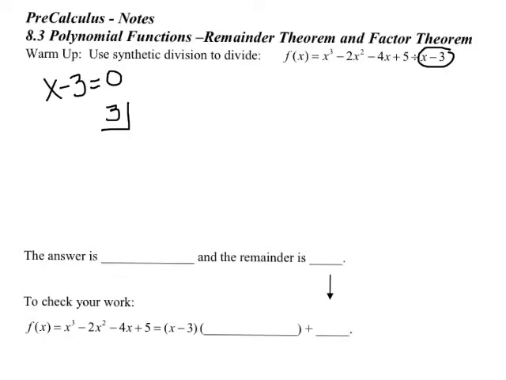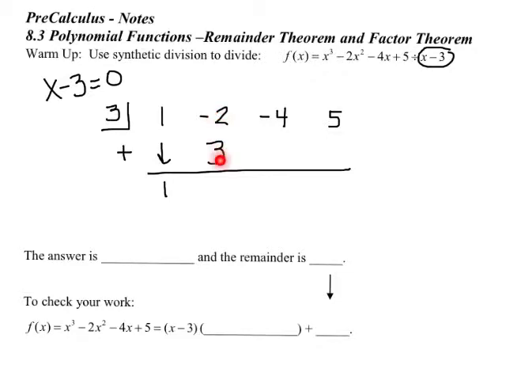All right, so the rest of the setup, I'm going to put the coefficients 1, negative 2, negative 4, and 5. Bring down the 1, and I like to put a plus sign right here. 3 times 1 is 3.